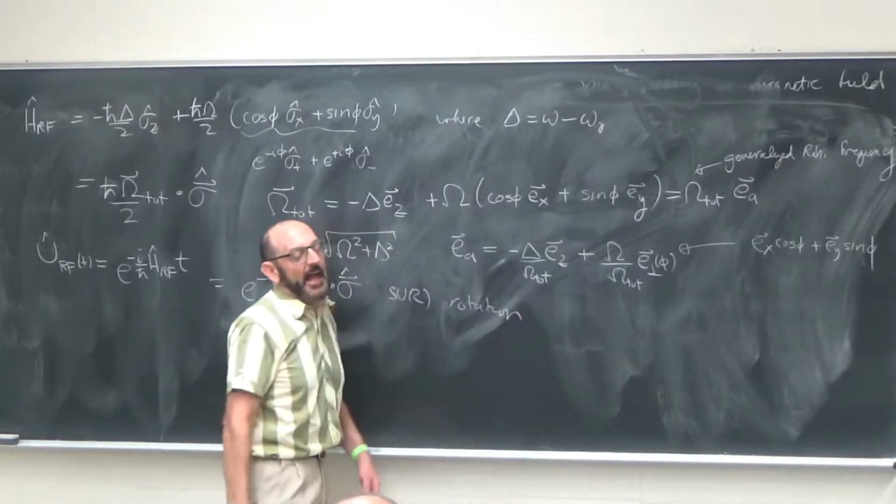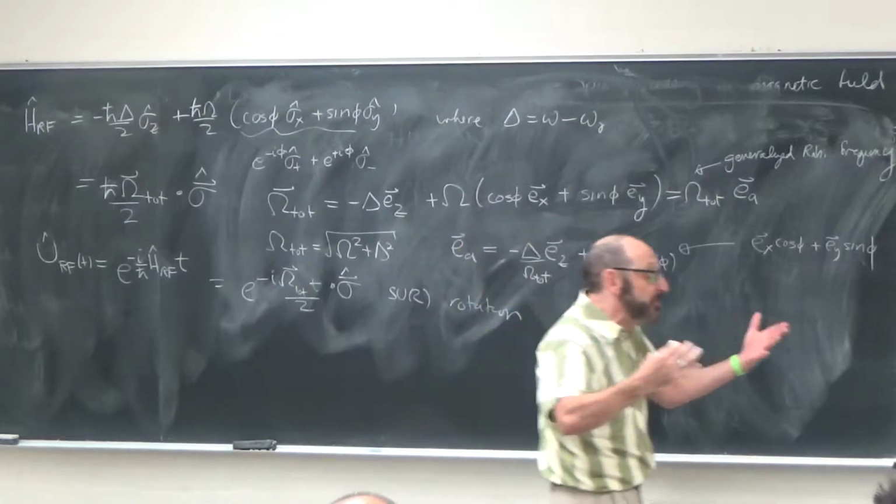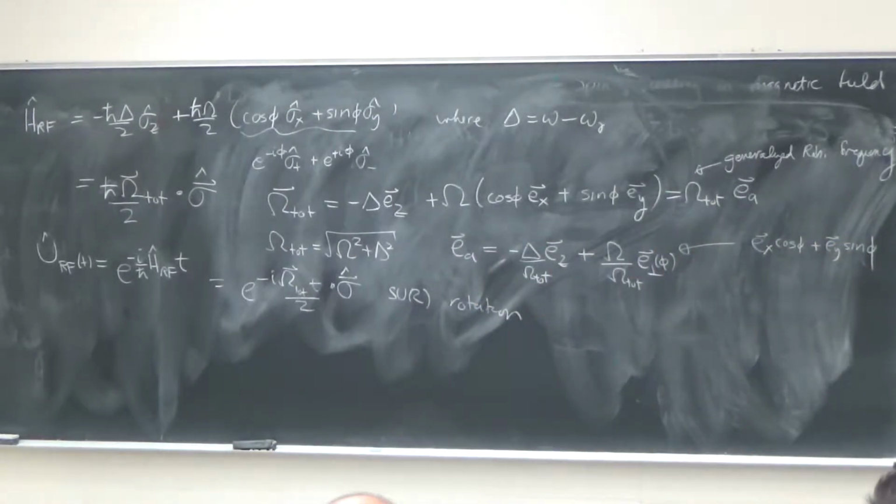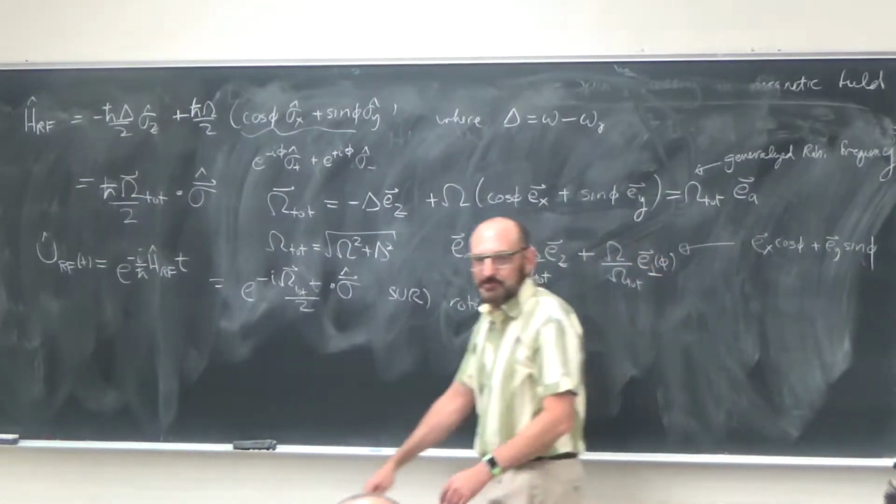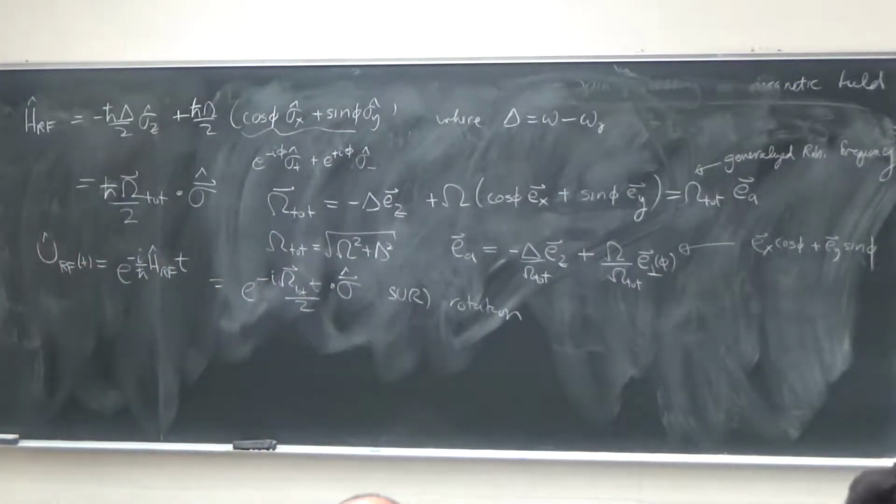And in a 2D Hilbert space, you're going to have U(2), and we got rid of the overall phase, so we got SU(2), which is the rotation operator on a spin 1/2 particle.